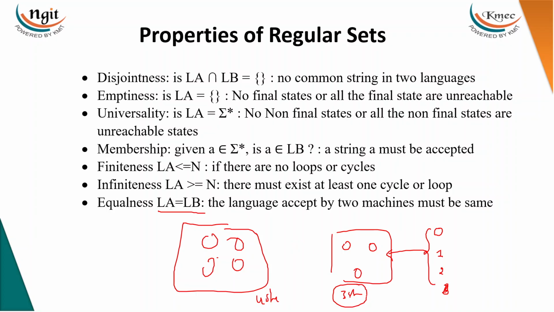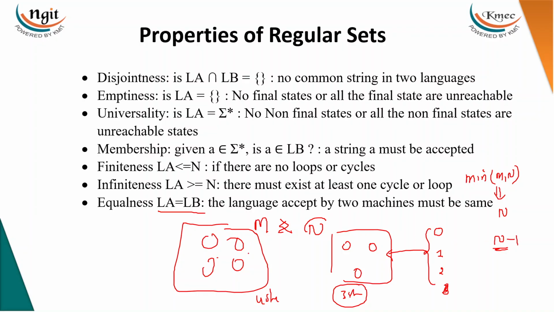If the minimum number of states is 3, for example, if one machine has M states and the other has N states, and M is less than N or M is greater than N, what is the minimum? So identify the min of M comma N. If min of M comma N is N, then you take all the strings of length N, or N minus 1, it's better.